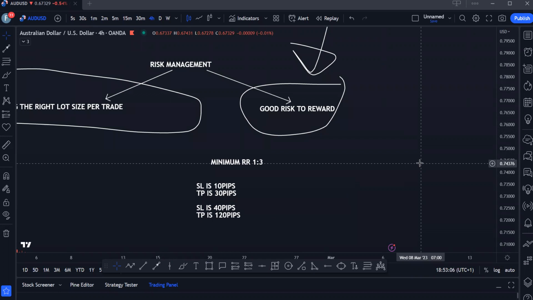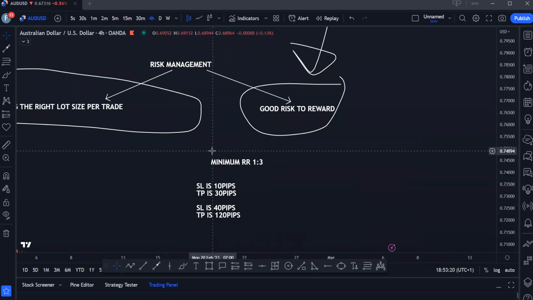If your system can give you 1 to 5, can give you 1 to 10, my brothers and sisters, that is fantastic. You realize that when you have a system that gives you good risk to reward, even if you have a win rate of 30% or 40%, you still come out very, very profitable.